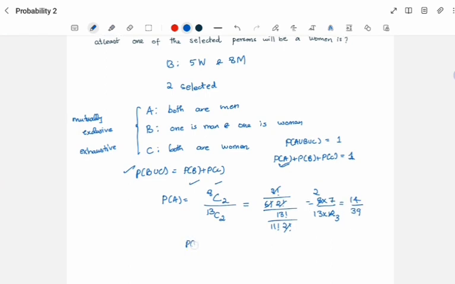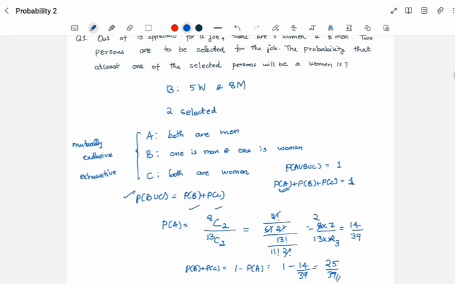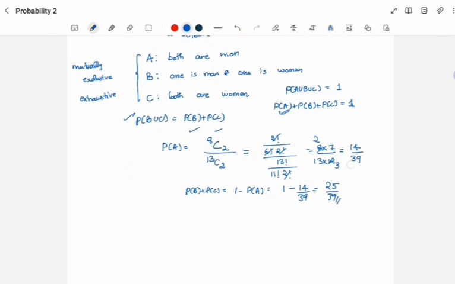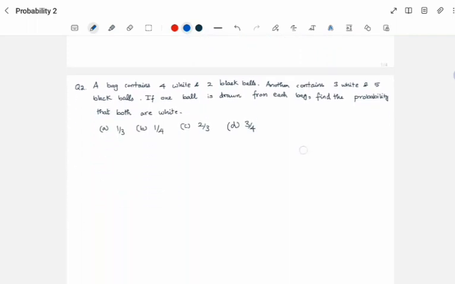And I want P of B plus C, which is nothing but 1 minus P of A. So it is 1 minus 14 by 39, which will be 25 by 39. So this is the answer: the probability that at least one of the selected persons will be a woman is 25 by 39. Moving on to the next question.